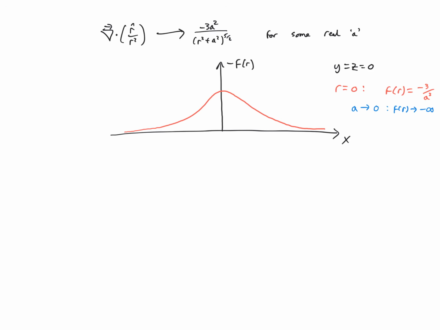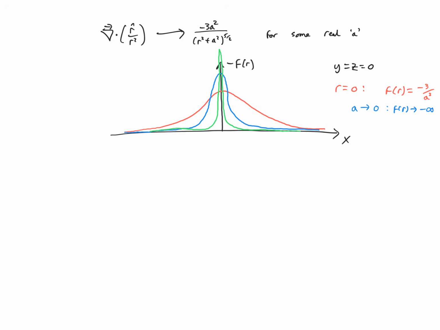Well, let's consider a smaller a. I see a function that looks like this. So it's more strongly peaked around 0, but still finite. And indeed, if I were to consider an even smaller a, you would get even narrower, but even higher, and so on.